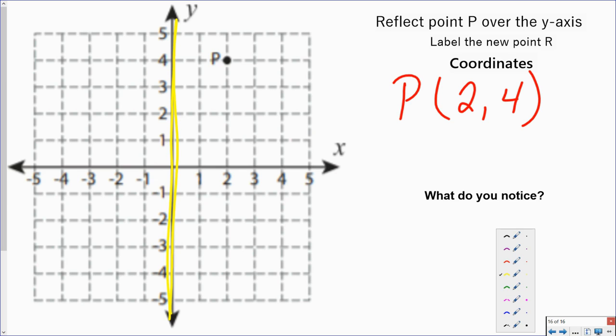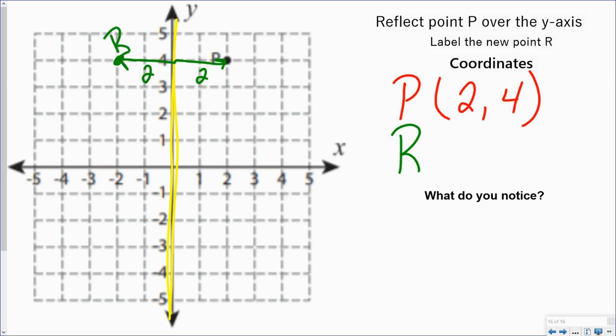And then when I reflect there, I'm going to look here at this goes 2 units this way. And so my point R, my reflection, is going to go 2 units this way. So my R goes right here. So my coordinates for my new reflected point, R, would be at -2, 4.